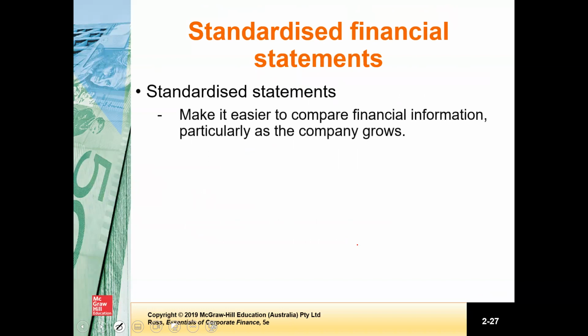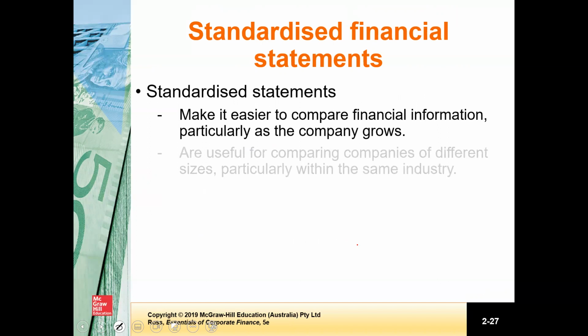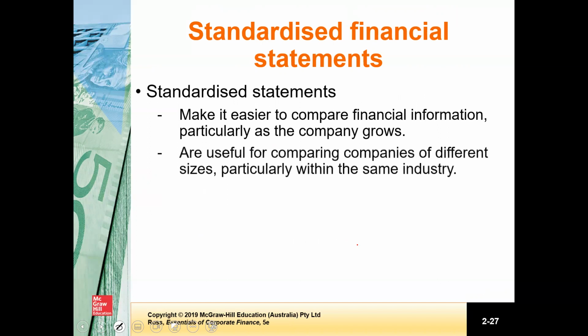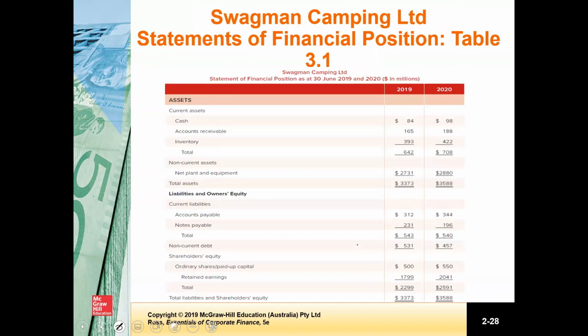So standardized financial statements, from our discussion so far, you understand that they make it easier to compare financial statements of the same company over time, and also companies within an industry. So just a couple of examples very quickly. You can see that this is a statement of financial position or balance sheet for 2019 and 2020.